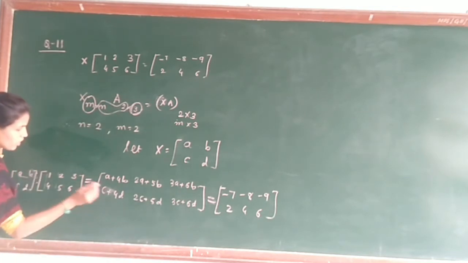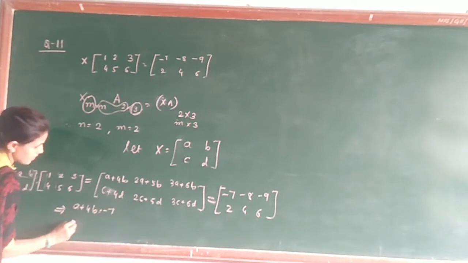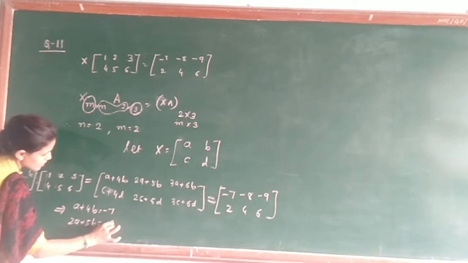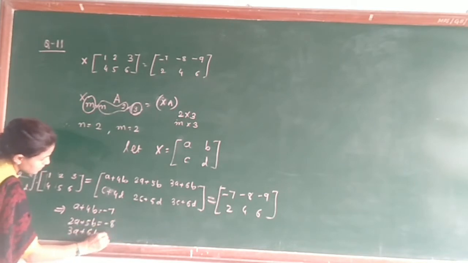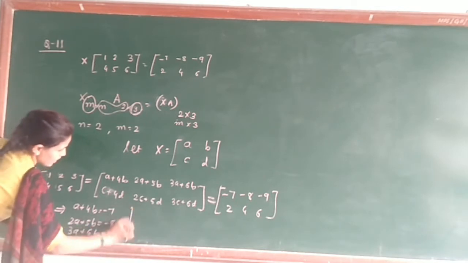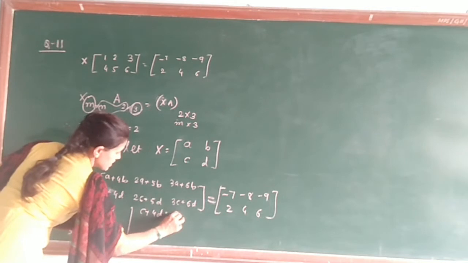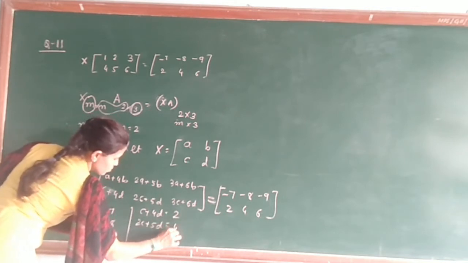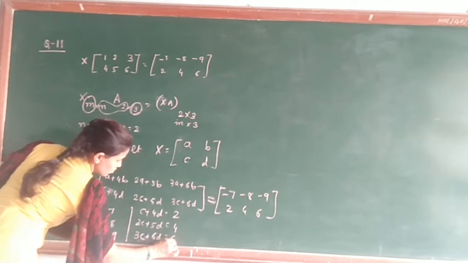So this will give you the comparison: a plus 4b is equal to -7, 2a plus 5b is equal to -8, and 3a plus 6b is equal to -9. When the second row is compared, c plus 4d is equal to 2, 2c plus 5d is equal to 4, and 3c plus 6d is equal to 6.